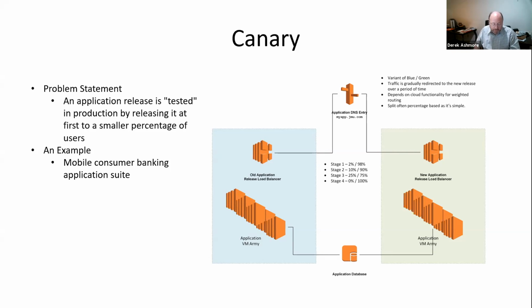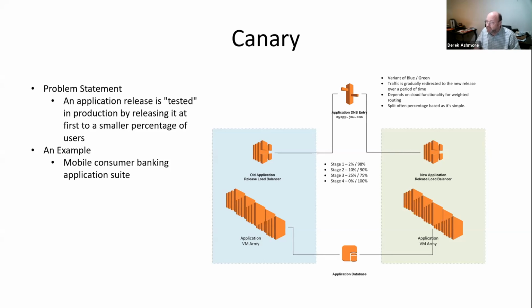And frequently when people use Canary, they'll use percentages because it's simple. I've seen at least one client do something a little bit more complicated and identify specific users that they want to hit the new version first. Perhaps users that have answered a survey and say that they're willing to look at pre-release software, something along those lines.